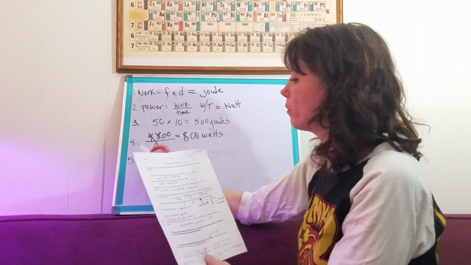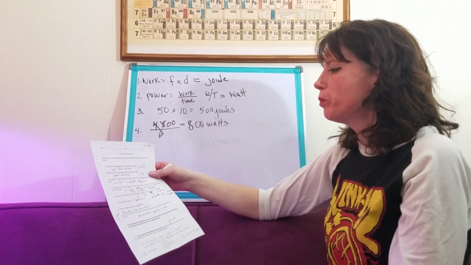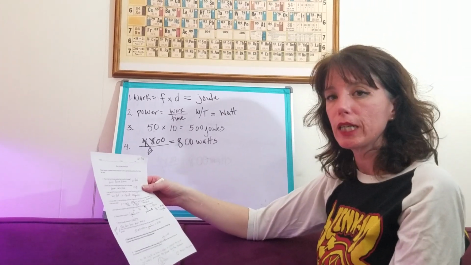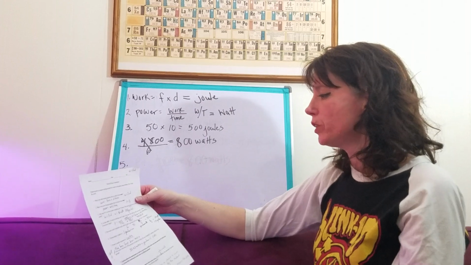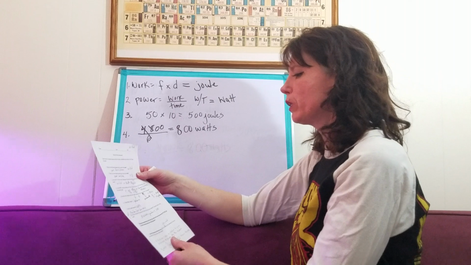Okay, for number 5, how much work is required to pull a sled in order to generate 30 watts of power in 5 seconds? Now this time they give you the wattage, and this time they give you the time. So we kind of have to plug in a variable here to figure it out.